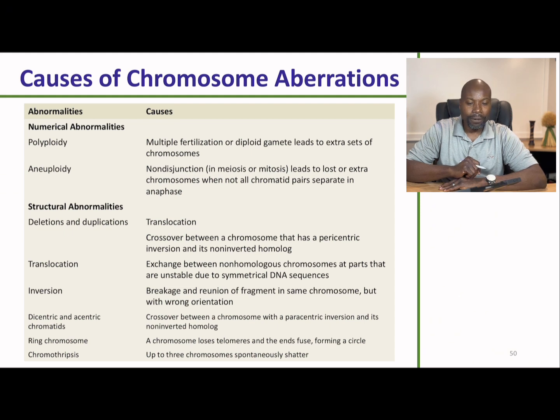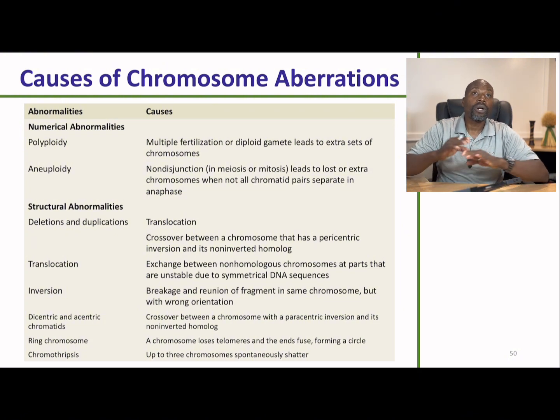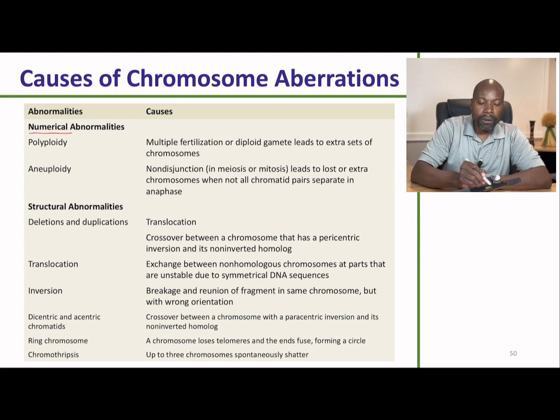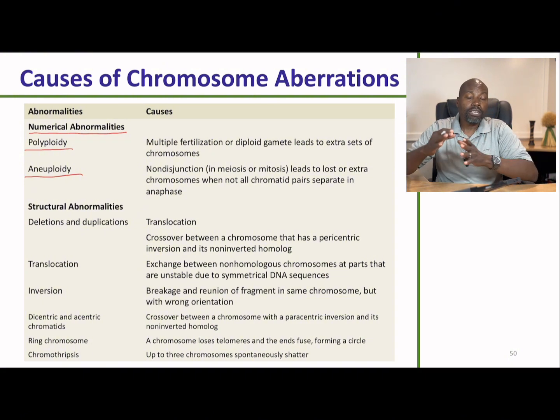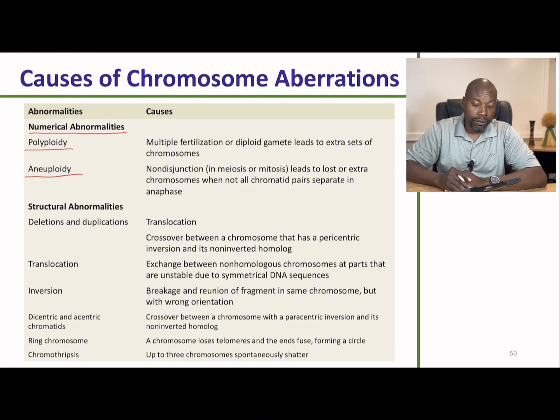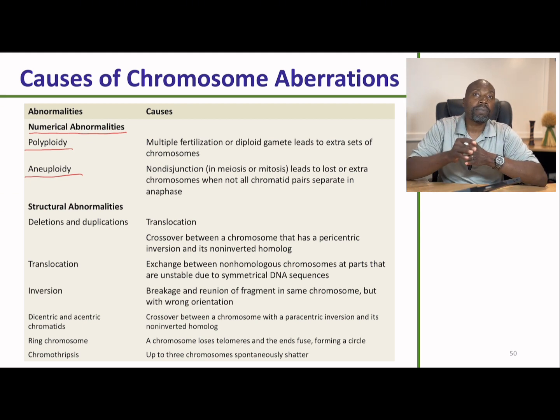All right, so what are the causes of chromosome abnormalities? Here we are doing a summary. In terms of number, we have polyploidy, you have aneuploidy, right? Polyploidy, when every single set of the chromosome is doubled, okay? Aneuploidy, some of the chromosomes are represented too many or too little, right?